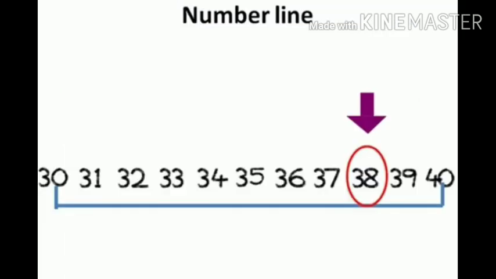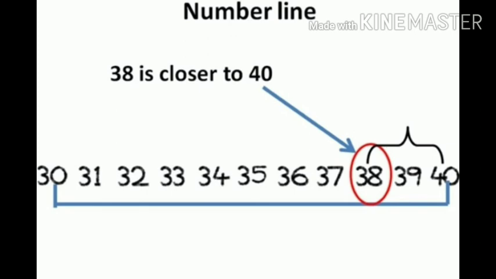Let us use a number line to represent numbers from 30 to 40. See, this is 38. It is between 30 and 40. If you see closely, 38 is closer to 40 as compared to 30. So, we round up 38 to 40.